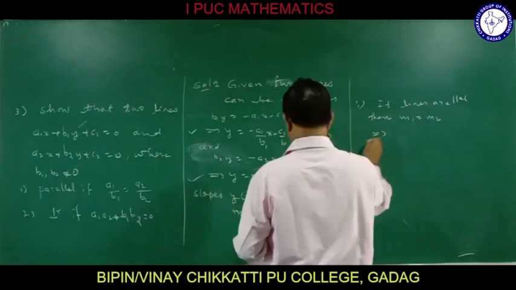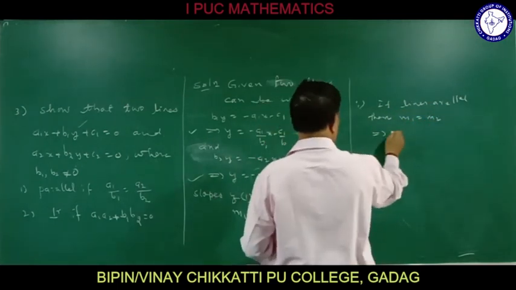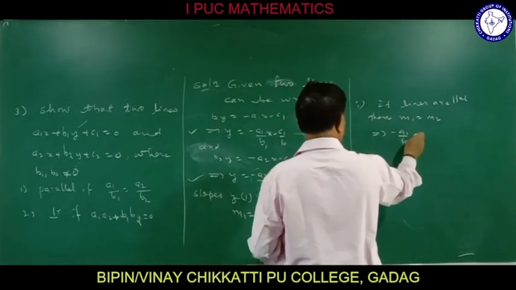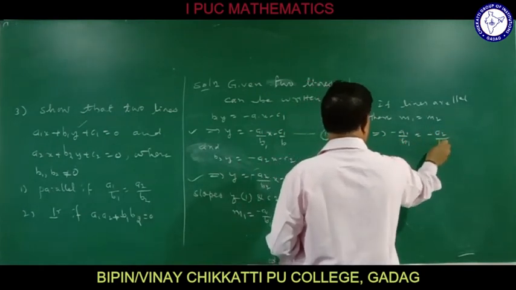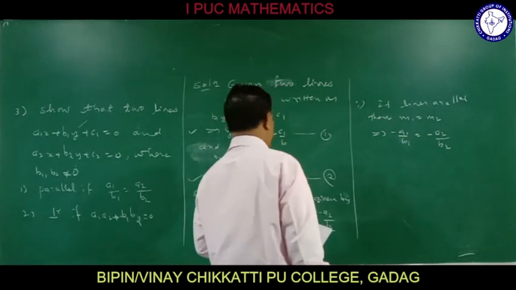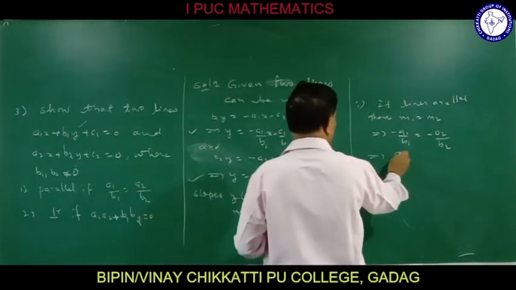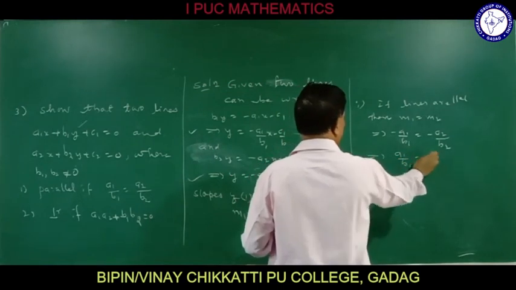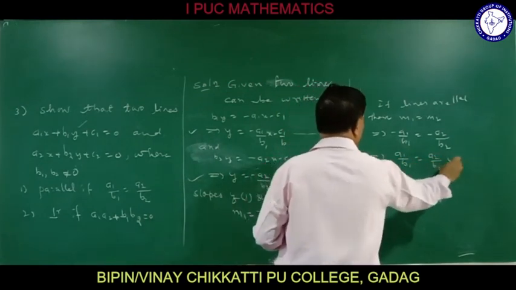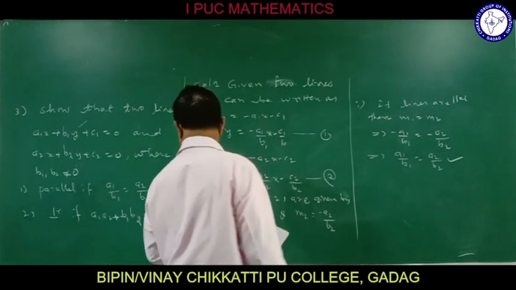What is m1? Minus a1 by b1 is equal to minus a2 by b2. Multiplying both sides by minus sign, a1 by b1 is equal to a2 by b2. This is the first condition.